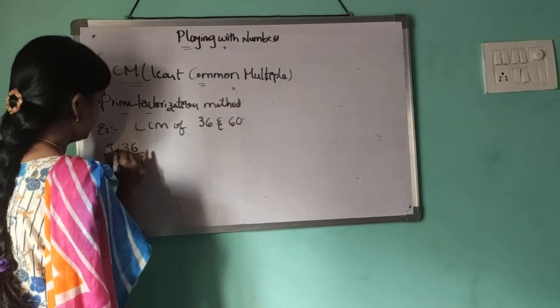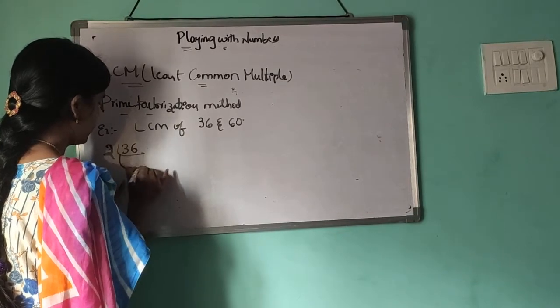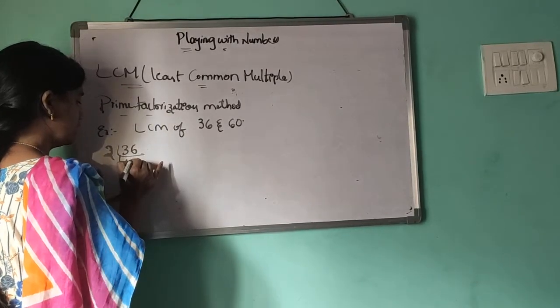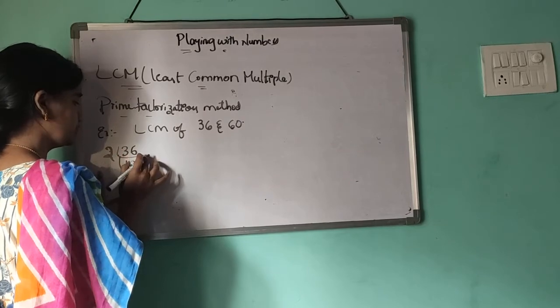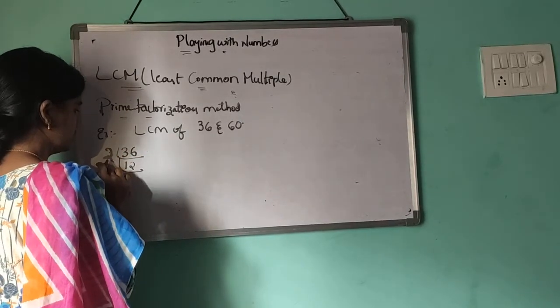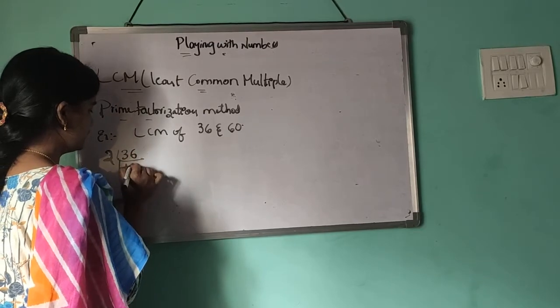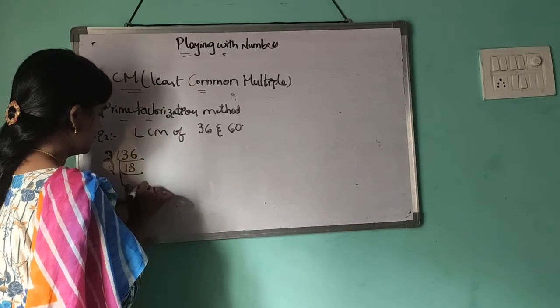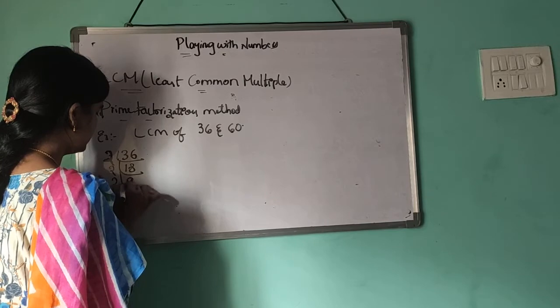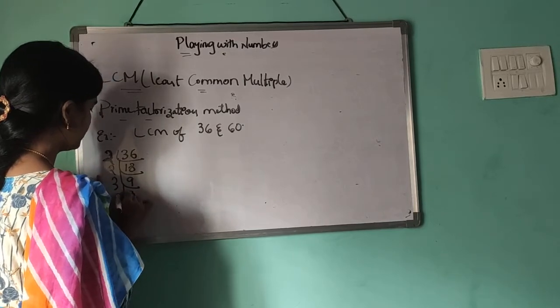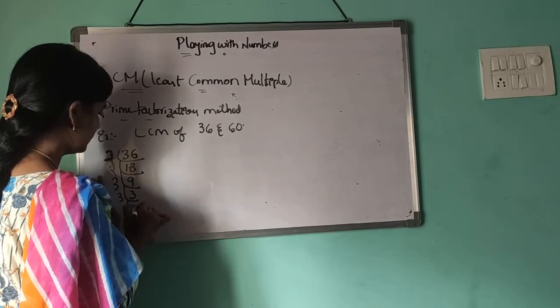36: 2 table. 2 ones are 2, 2 eights are 16, 2 nines are 18. 3, 3, here 1.